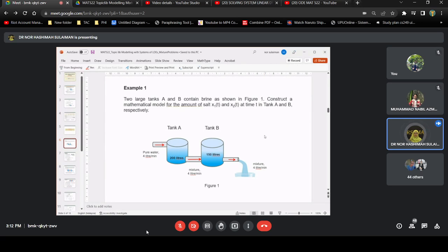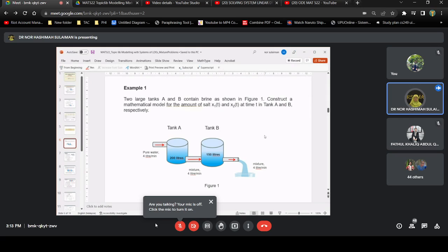Okay, are you all with me? Yes. So sekarang ni kita cuba lihat macam mana kita nak model. Maknanya dia akan ada dua equation. Itu yang jadi sistem tu, right? Jadi sistem of differential equation.